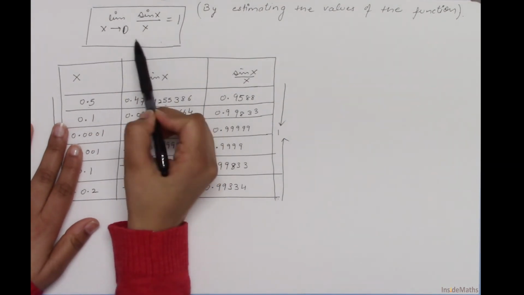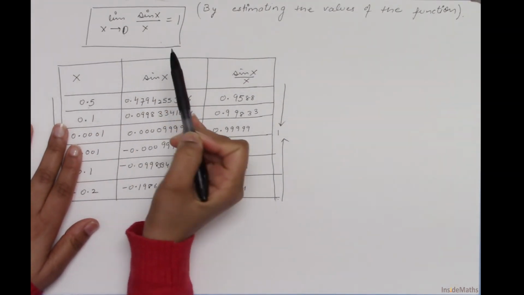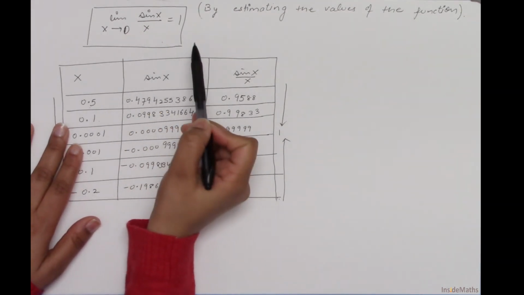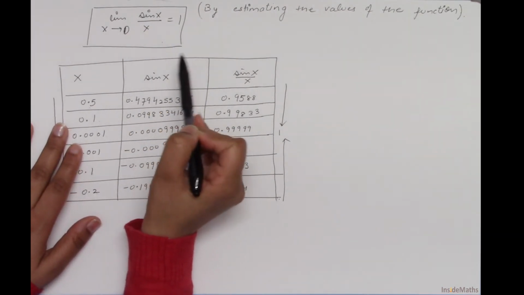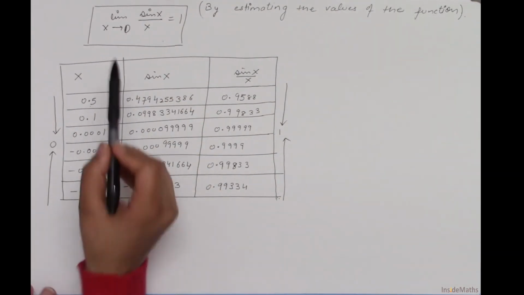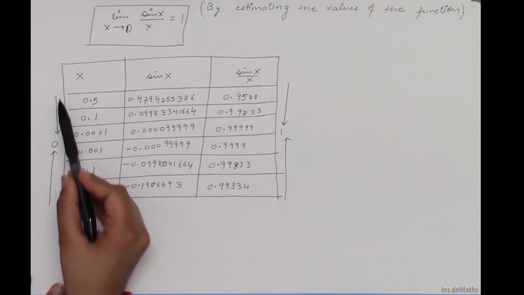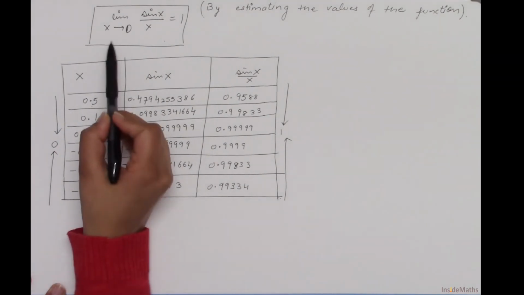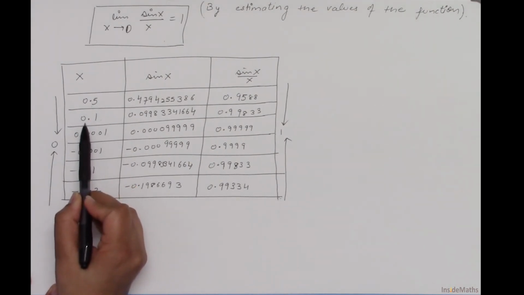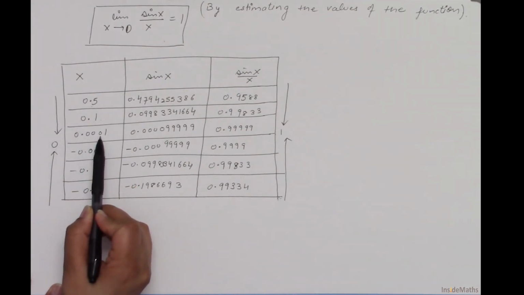This is a very important result from limits. If you have seen my other videos, I have done this result by using trigonometric functions and unit circle, but in this video I'll be doing it by estimating the values of this function. To do that, I'll take some random values of x which are going closer to 0. So I took 0.5, 0.1, 0.0001.